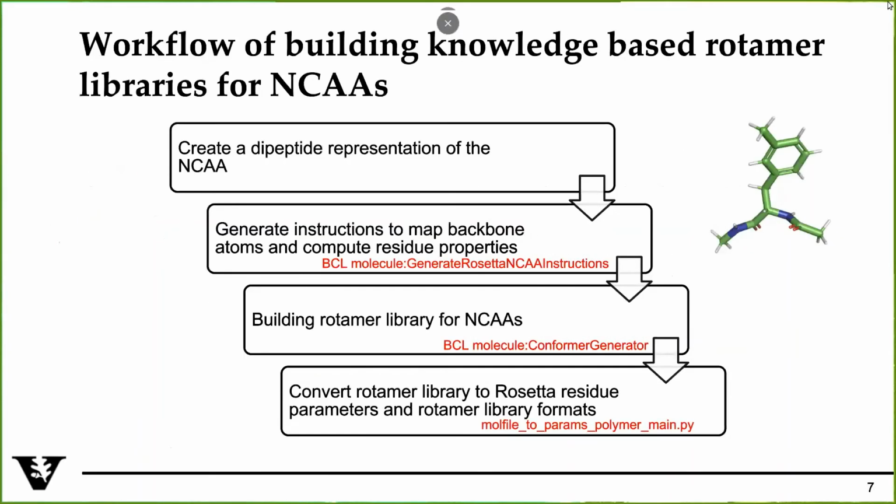So the workflow of building a non-canonical amino acid is, first, you create a dipeptide representation of the non-canonical amino acid. For example, here you can see the dipeptide form of methylphenylalanine. Here we add two different cap groups into the backbone of the peptide, so we can specify this nitrogen here and this carbon here as an upper and a lower connection point of the residue.